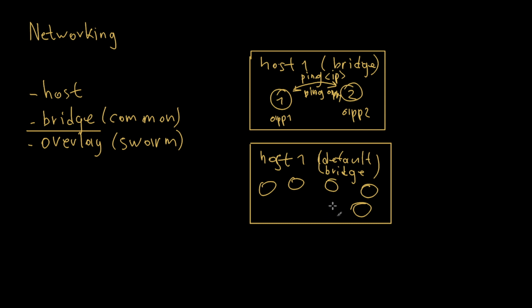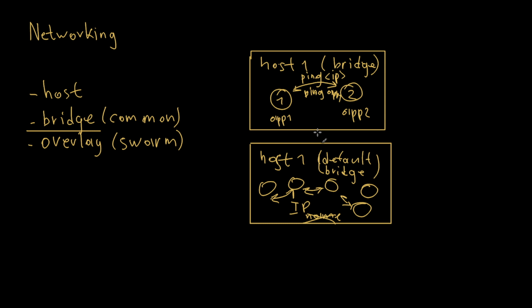A feature of this network is that all the containers can communicate with each other only by IP address, and there is no way to communicate by the name. Usually you might prefer using names over IP addresses, because IP addresses might vary from time to time because they are allocated dynamically.